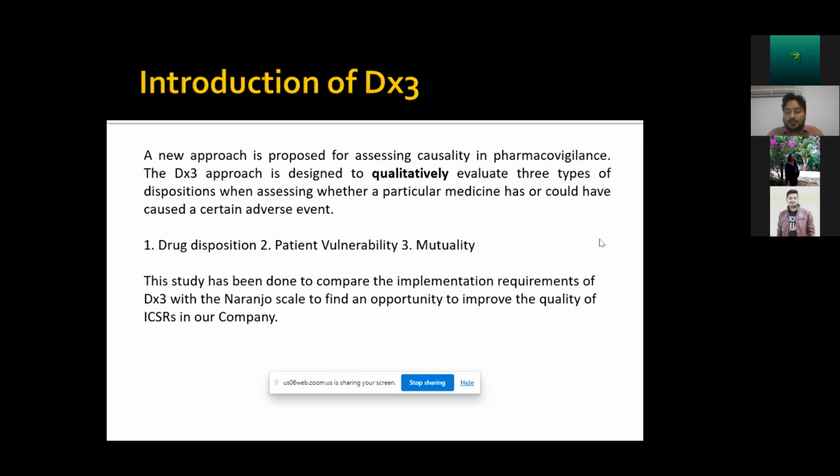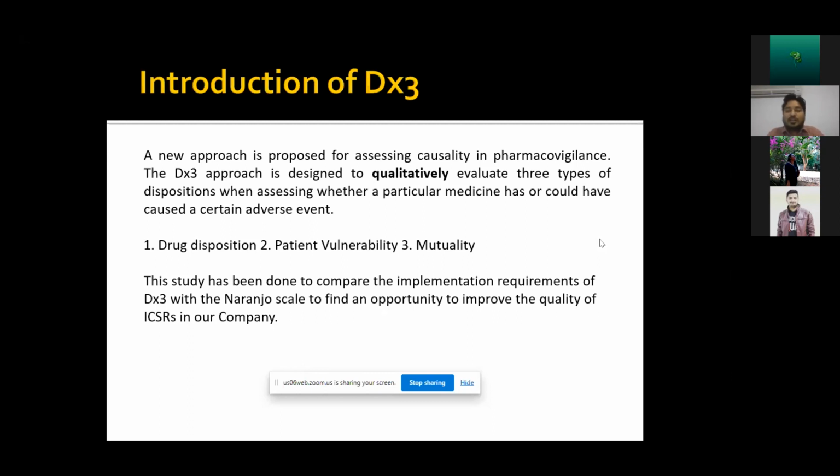If somebody from industry is here, they can easily understand my pain. If you process many ICSRs on a safety database using Naranjo's scale, mostly you will come up with the result as possible relationship. With this possible relationship as an outcome, you cannot take any action with the drug, and this requires a number of reports, and again you need to have a very big data set.